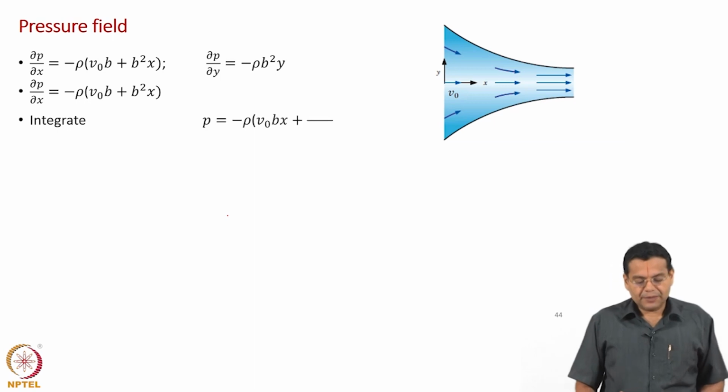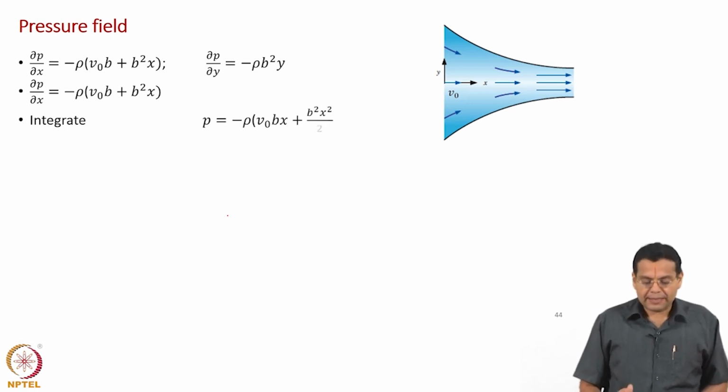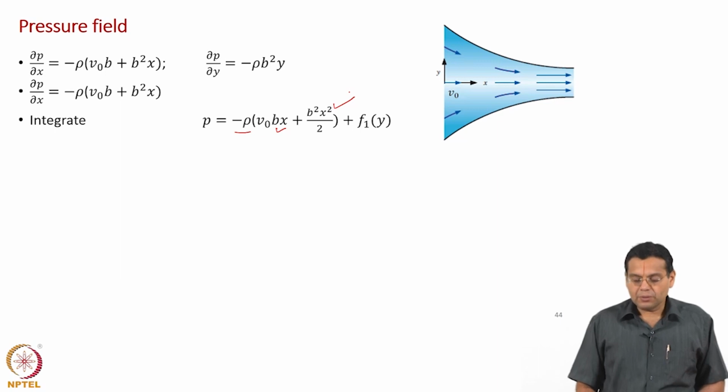So, when you integrate, the left hand side is p, and the right hand side is minus rho into V naught b x plus b squared x squared by 2, and now we have a constant, since it is partial integration, that can be a function of y, which we denote as f1 of y.